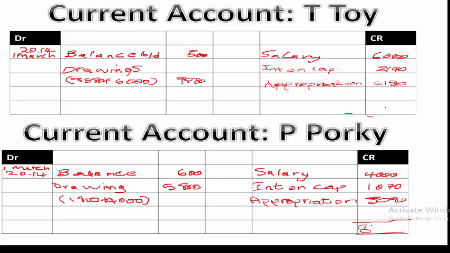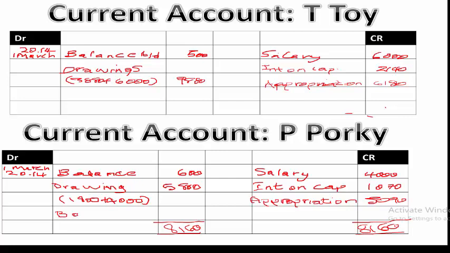So you have your 8,160. We must also have the same total right there, which is 8,160. And now we want the difference. So 8,160 minus 6,000 and 400, that's where you get your balance carried down.